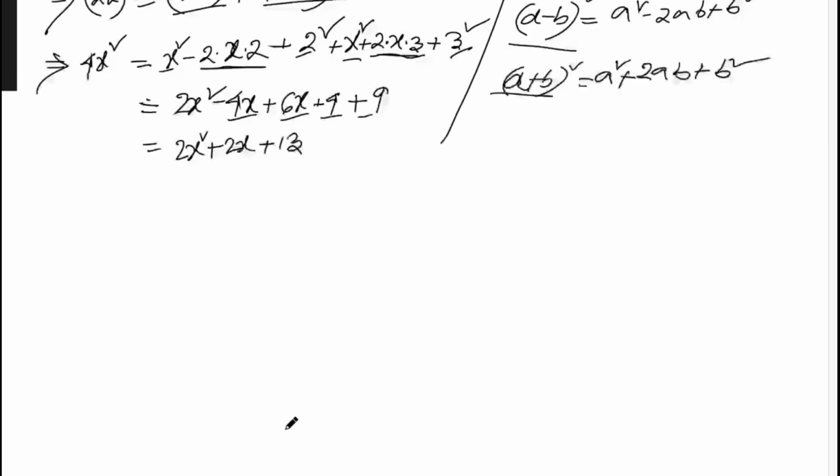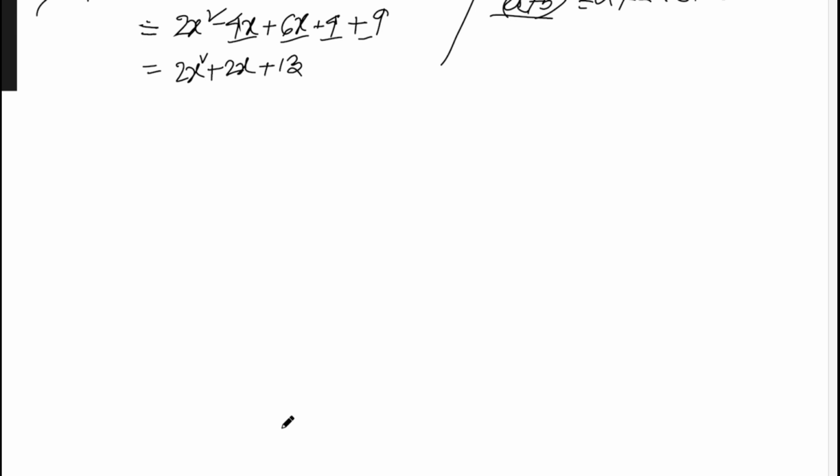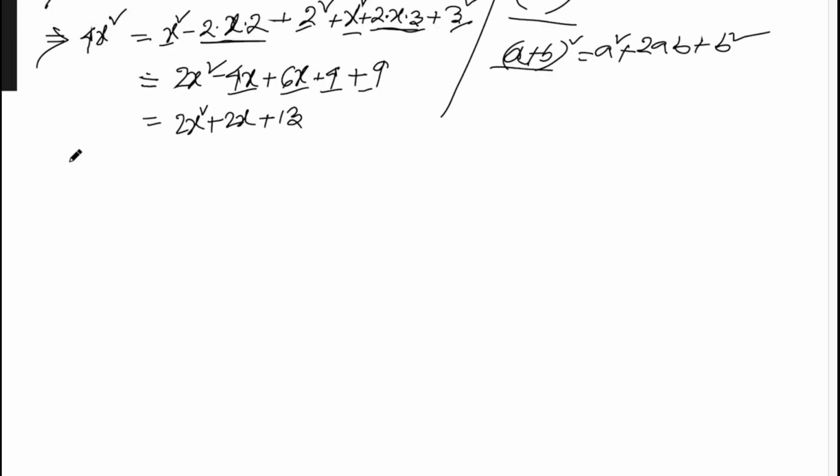So if we go further calculation, we will get, if we take this value from right side to left side, then we will get 4x square minus 2x square minus 2x minus 13 is equal to 0.